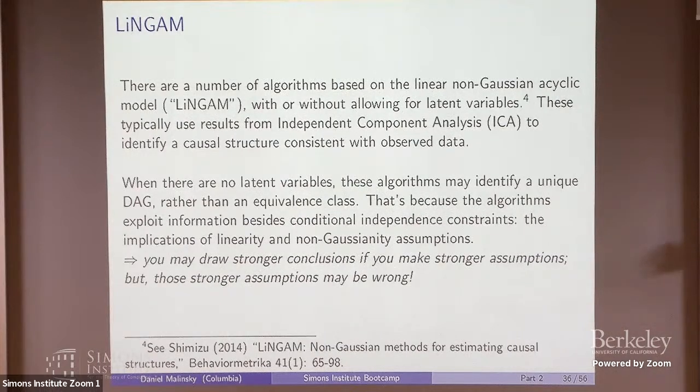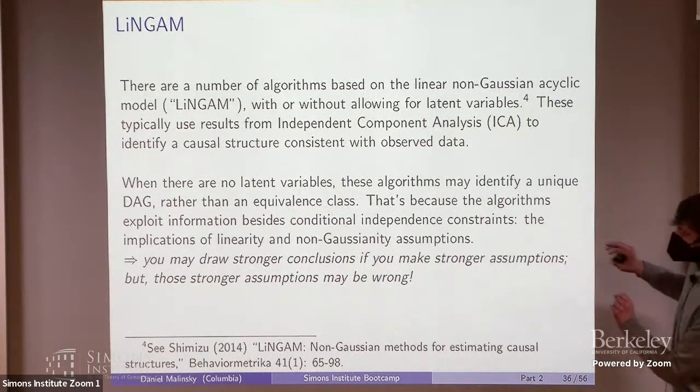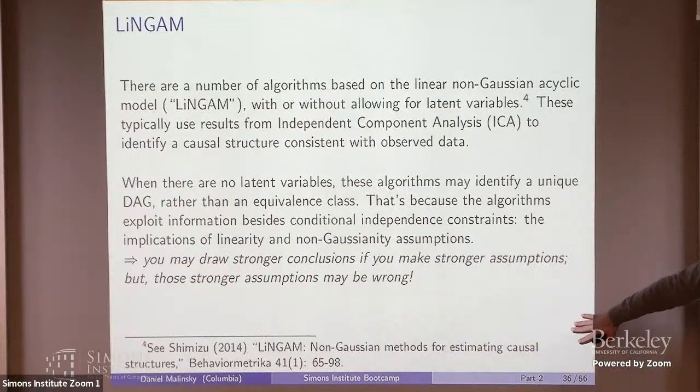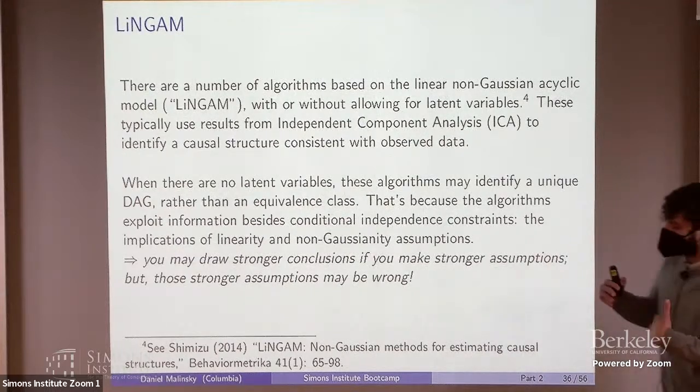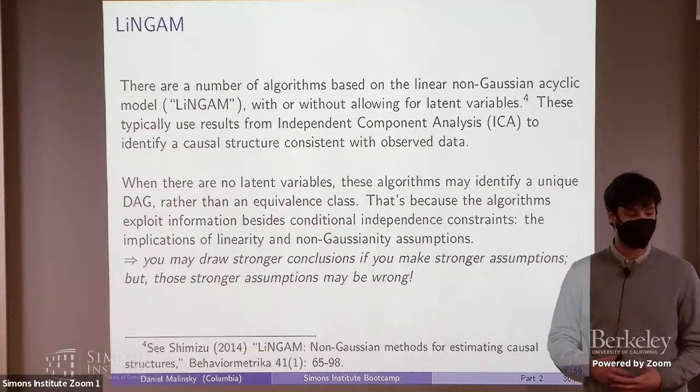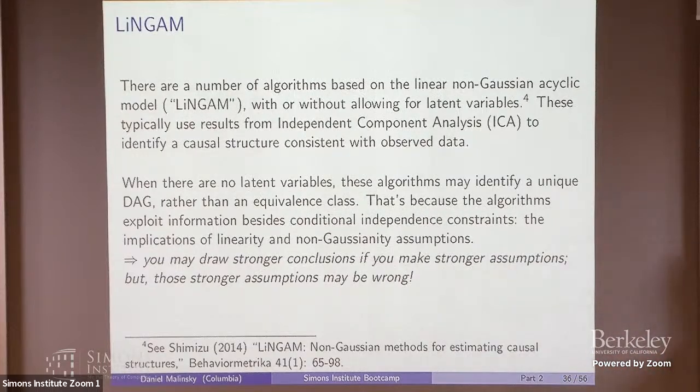In that case, you can show that if a LiNGAM model holds, then the algorithm may identify a unique DAG rather than an equivalence class. I'm citing a review paper by Shohei Shimizu, down here in the footnotes. A fundamental thing to keep in mind here is that you're drawing stronger conclusions than you would if you were using PC, right?